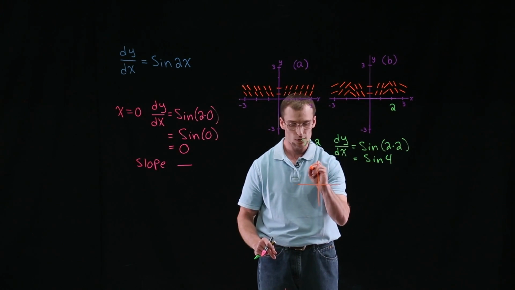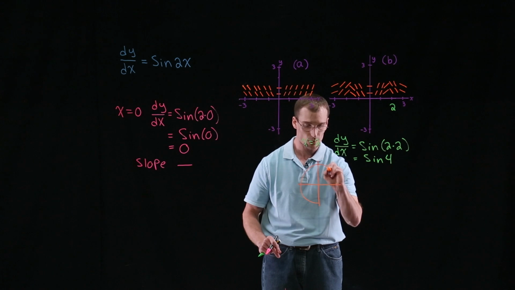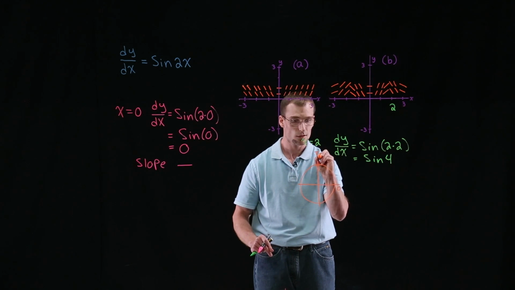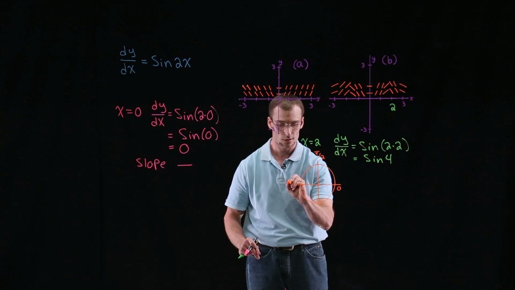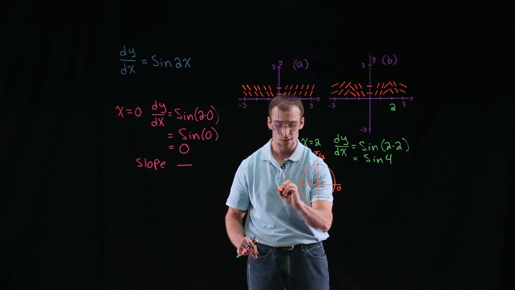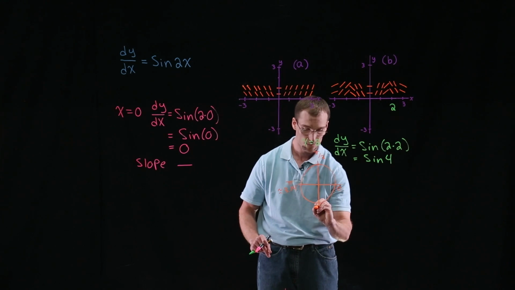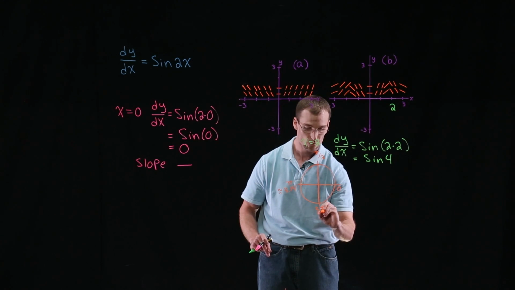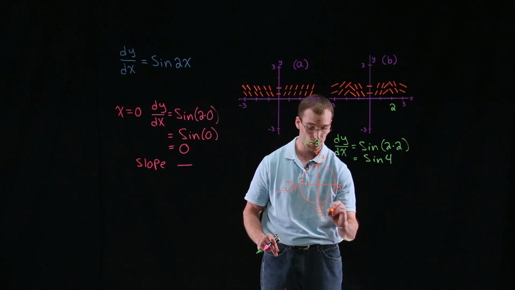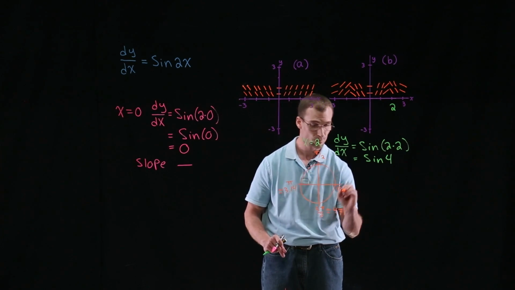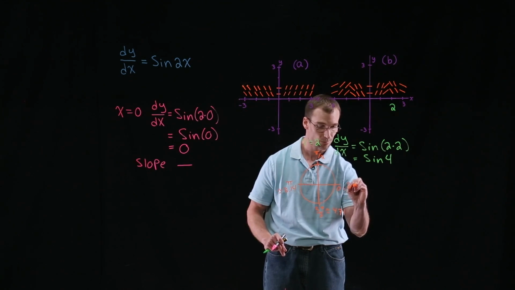If we quickly look at our unit circle, where we have 0, pi over 2, pi, which is approximately 3.14, and 3 pi over 2, which is approximately 4.71, and of course 2 pi.